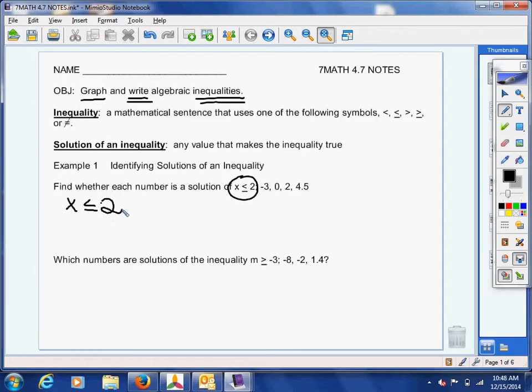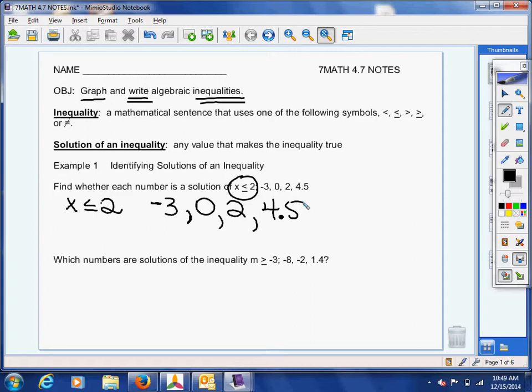So we're looking for numbers that are smaller than or equal to 2. And here's our list. We're going to plug in the following numbers: -3, 0, 2, and then 4.5.